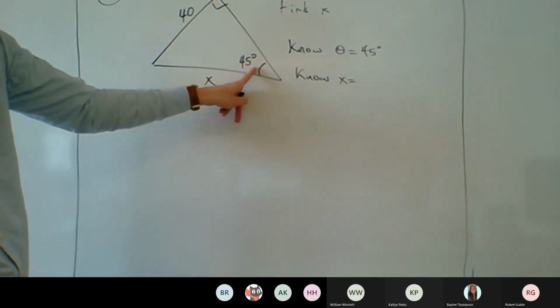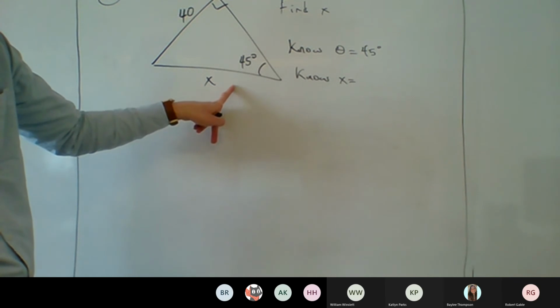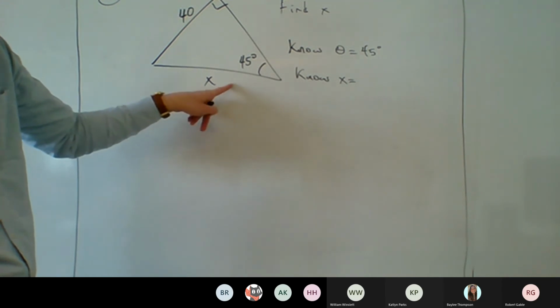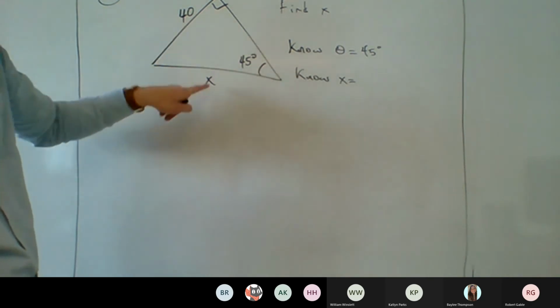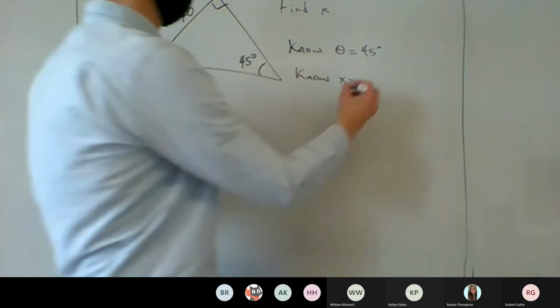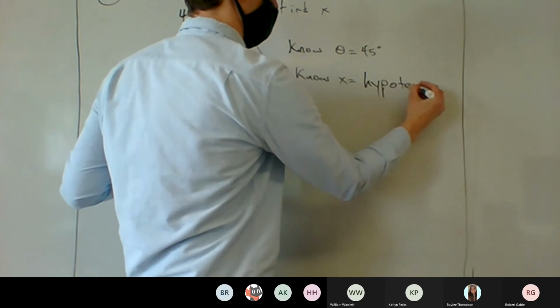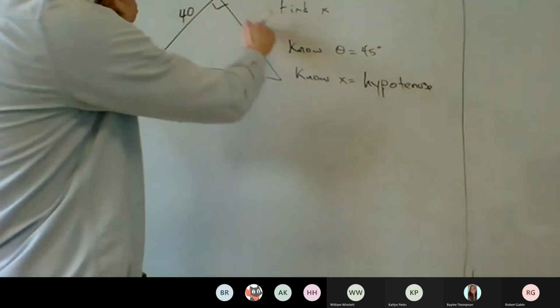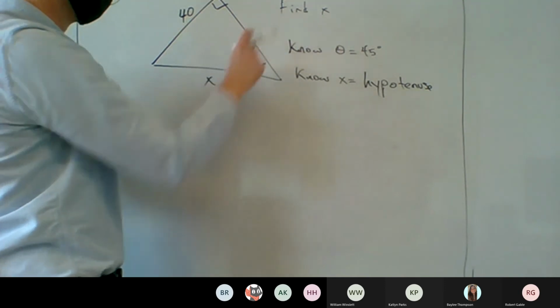Relative to the angle theta, what is x? It's not the adjacent side, even though it touches this angle. Since it's across from the 90-degree angle, this is the hypotenuse. This side over here would be the adjacent side, but that side's not going to come into play here.